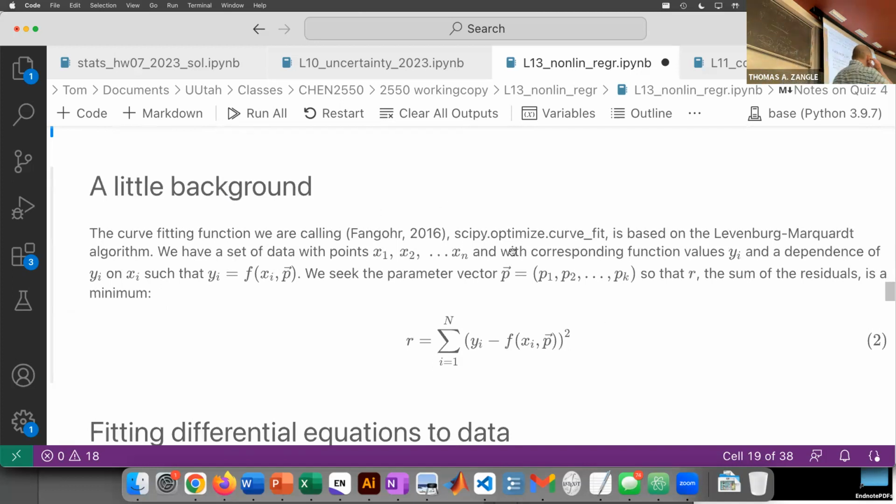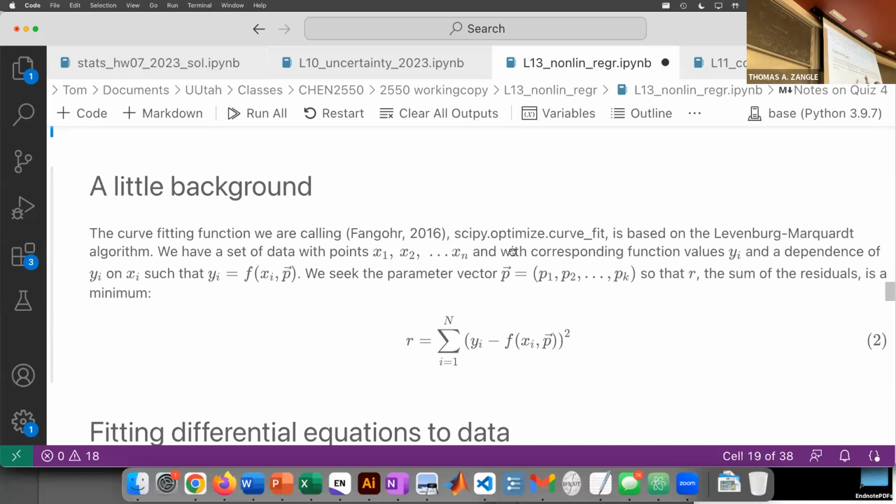All right, so a little background, and as deep as we're going to go on the theory of nonlinear regression, is just a description of what it is that we're trying to do here. And this is, again, very much analogous to what we did in linear regression, but now it's using methods that are applied to a nonlinear function. What we're actually doing in this optimize curve fit function is we're using this Levenberg-Marquardt algorithm.